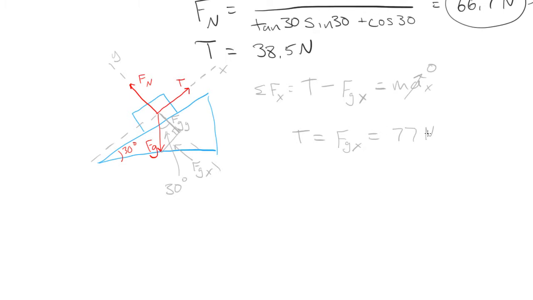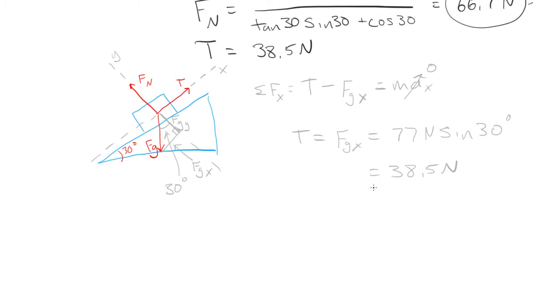Okay, 77 newtons, yep, that's right. For some reason, I'm looking at this equation all confused. So it's 77 newtons, and then the x component is not the cosine. Again, we have this angle, and we're looking for this side, so it's got to be the sine of 30 degrees. If you solve that, you get 38.5 newtons, which is what I get up here.